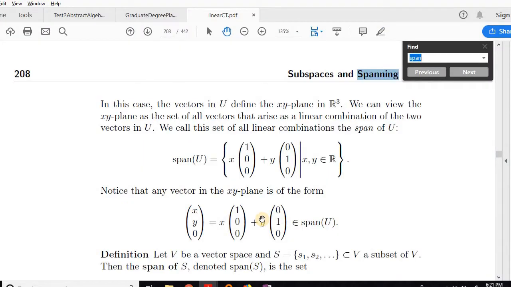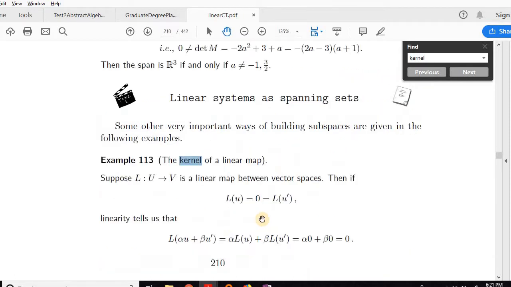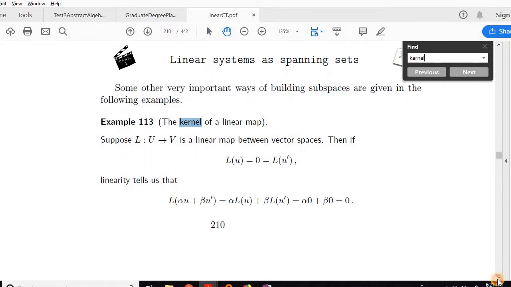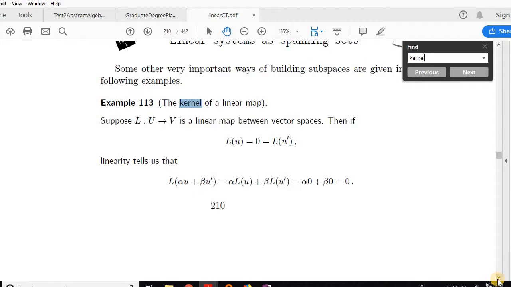All right, so let's find your example. You're looking for kernel. I think it's this example, Aaron, the one you were thinking about. This is in the same chapter. Can you relate this to that example now?